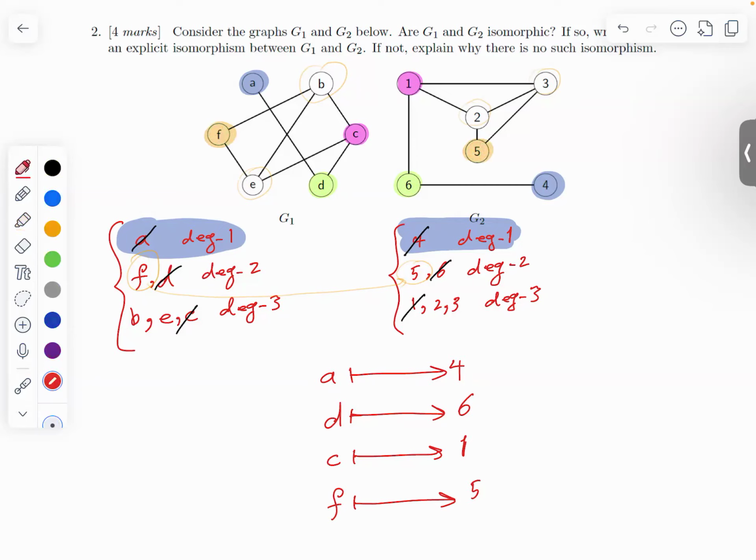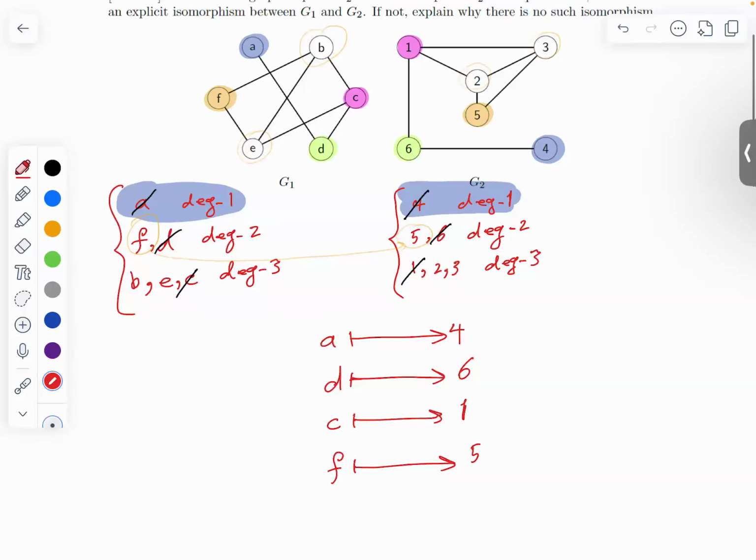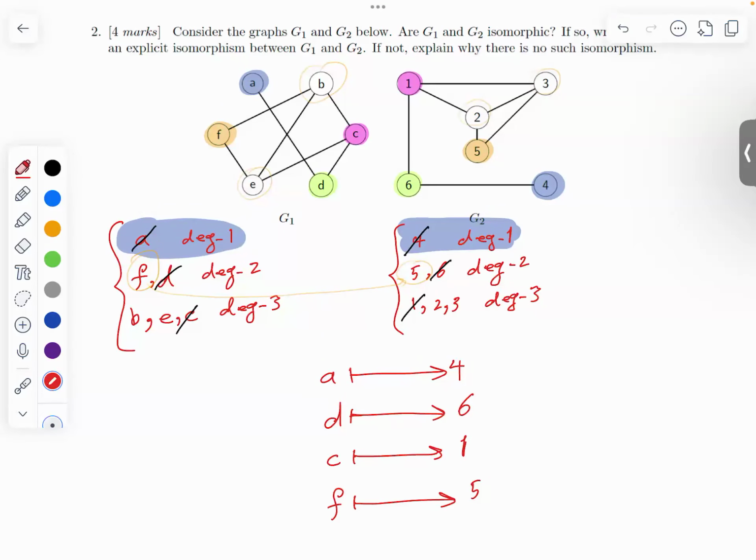All right. So now B, E. Let's look at this scenario here. F is connected to B and E, both of them. So 5 is also connected to both of them, and 1 is also connected to both. 1 here is connected to 2 and 3. The corresponding of 1 is just this C.